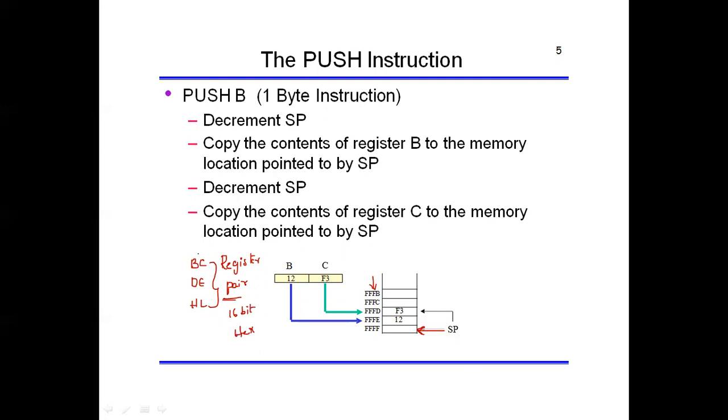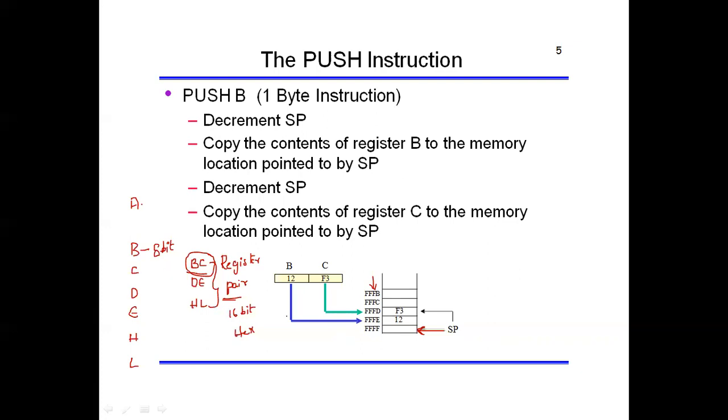When we talk individually, there are the B register, C register, D register, E register, H register, L register, along with the accumulator. B individually can hold 8 bits of data. When it comes to BC, it is a pair which can accommodate 16 bits of data. That is the difference between an individual register and the BC register pair.